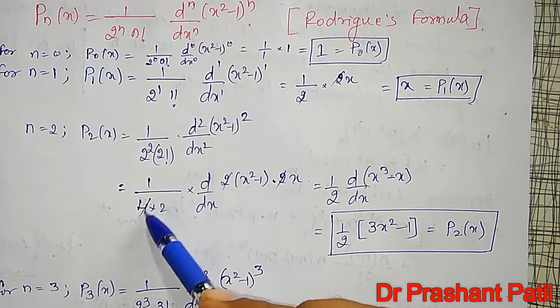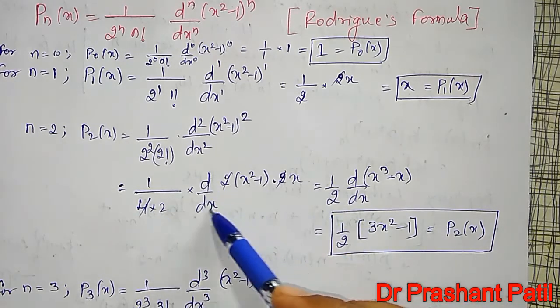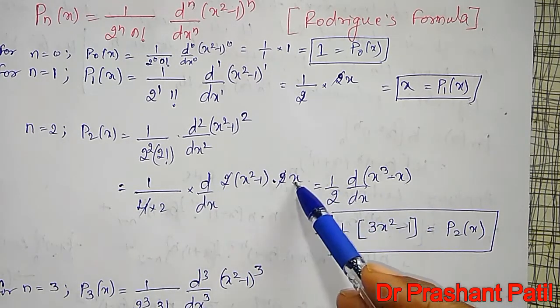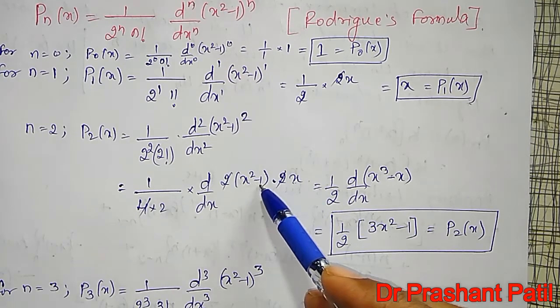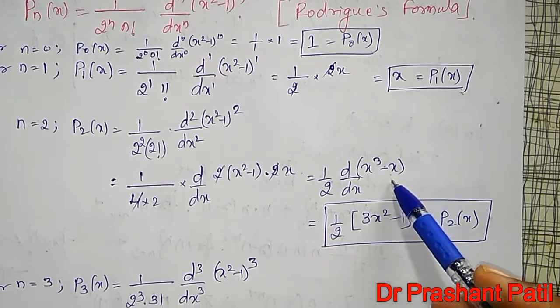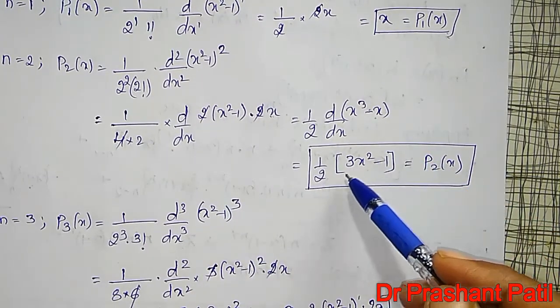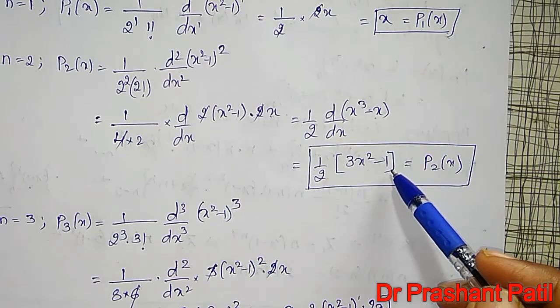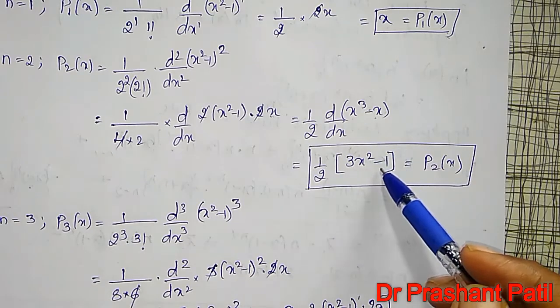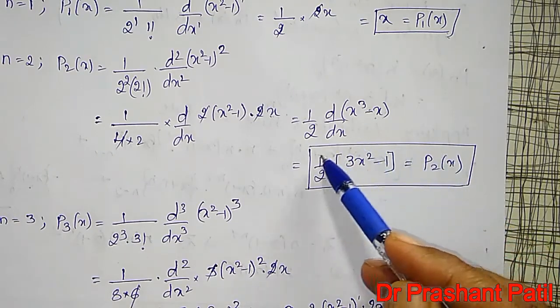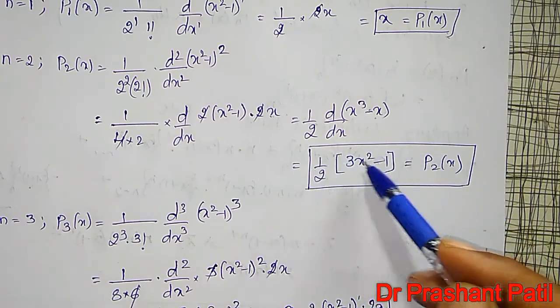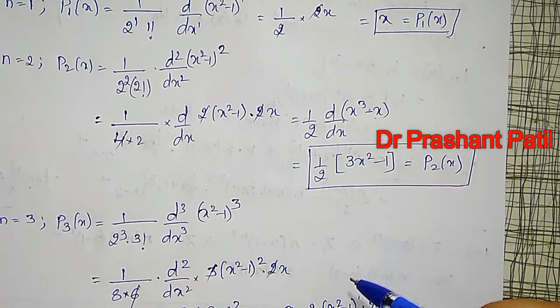Therefore, 2 into 2 is 4, and 4 cancels. 1 by 2 into the first derivative of x cube minus x. Now its differentiation will become 1 by 2 into 3x square minus 1, since the differential of x cube is 3x square. Therefore, P2 of x is 1 by 2 into (3x square minus 1).